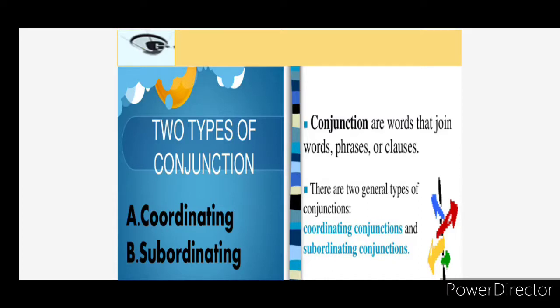And the two general types of conjunctions are coordinating conjunctions and subordinating conjunctions. I hope this much is clear to everyone. Let's move ahead.